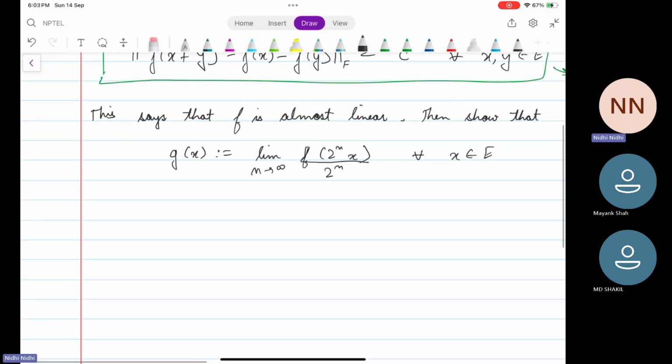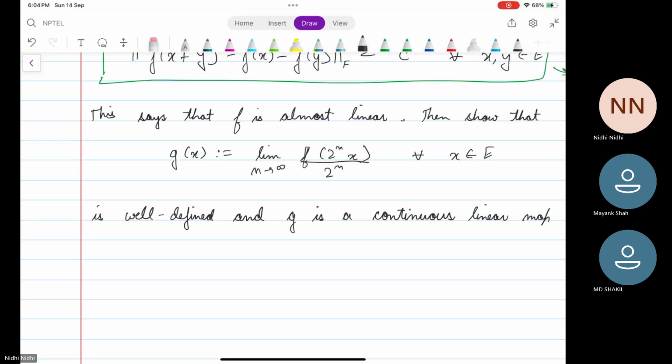Firstly, we'll show that this function is well defined, that means this limit actually exists. Then we will see that this function g is a bounded, continuous linear map satisfying the condition that the norm of g minus f is strictly less than k for some constant k.